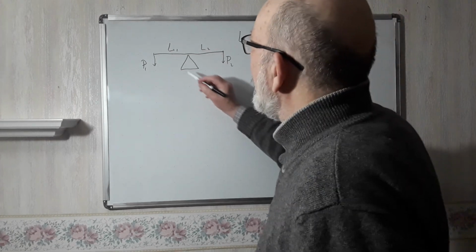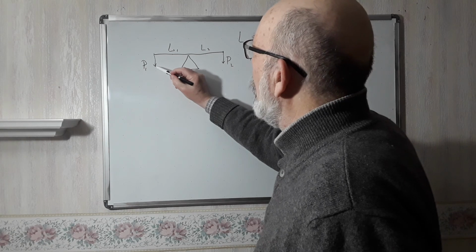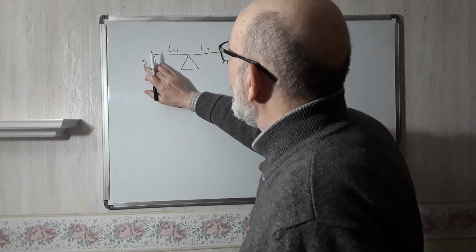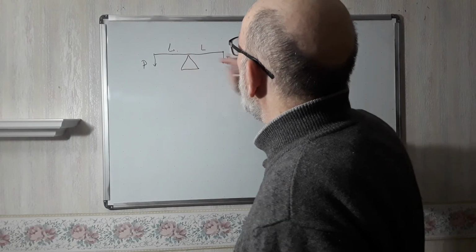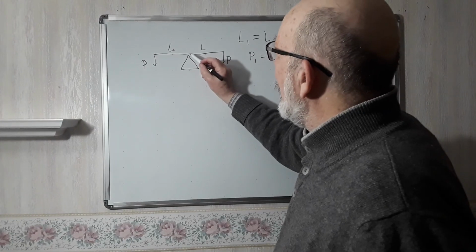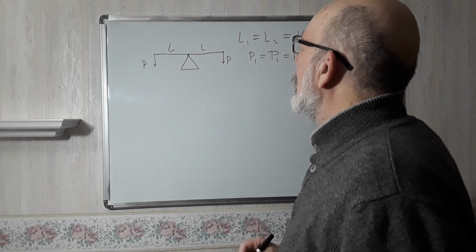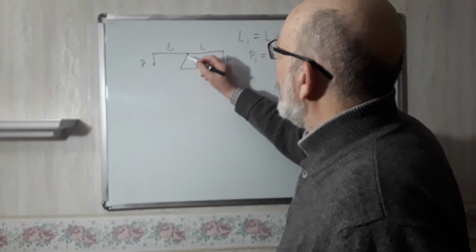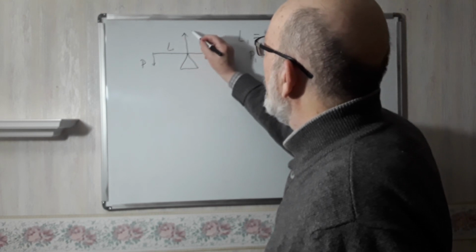The second piece of reasoning: here we have the force P1 and here the force P2, which are equal, let me simply write that P1 equals P2 equals P, and L1 equals L2 equals L. Then it will press on this point with the double force 2P, and this point will press on the lever with the doubled force.